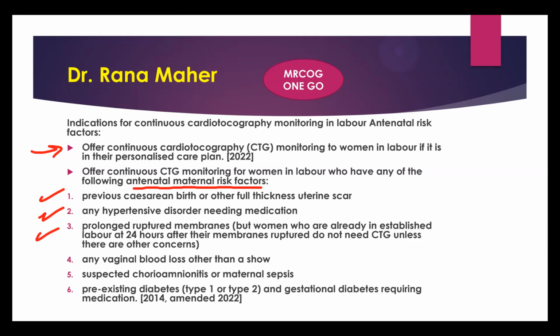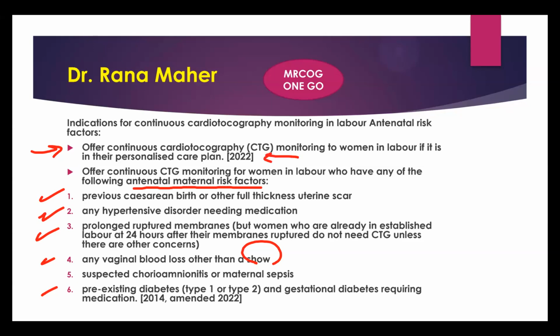So if it's only the show, no problem about it. But if we have significant blood loss, or not, it's not necessary to be significant, any vaginal loss. So we need to offer this patient CTG, any suspected chorioamnionitis or maternal sepsis, pre-existing diabetes type 1, 2, or gestational diabetes. So first indication, it's personalized care plan.